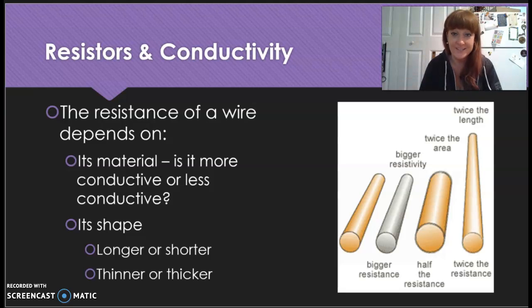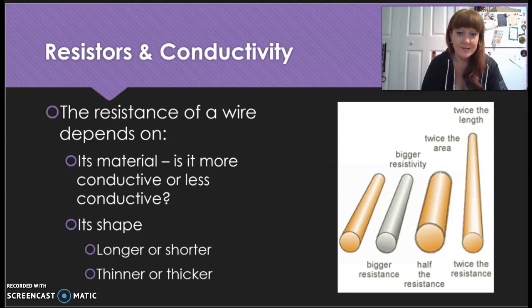It might not allow all the electricity to flow through crazy easily. It might slow it down just a little. So resistance, the slowing down of that electric charge, depends on what material you have. For example, copper and iron have different amounts of resistance. They have different resistivity. And then the shape will also provide more or less resistance.